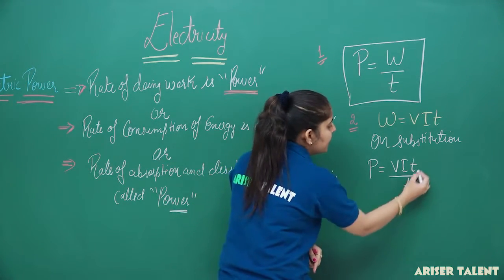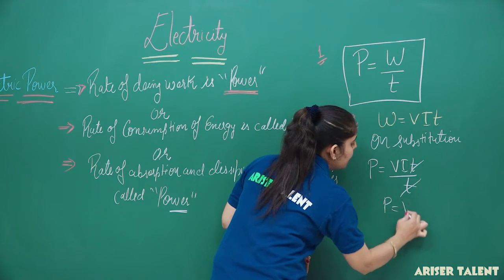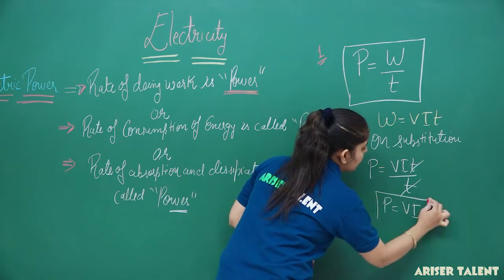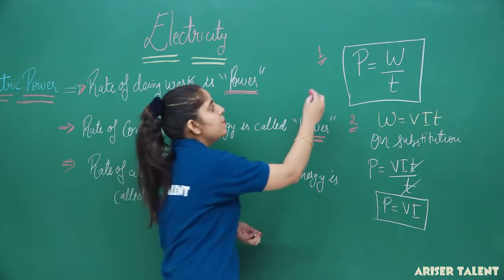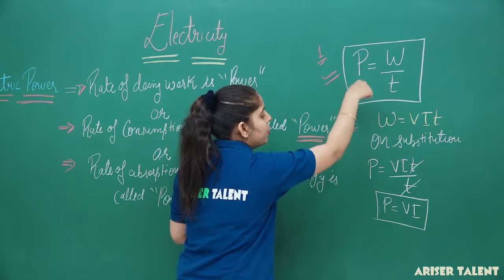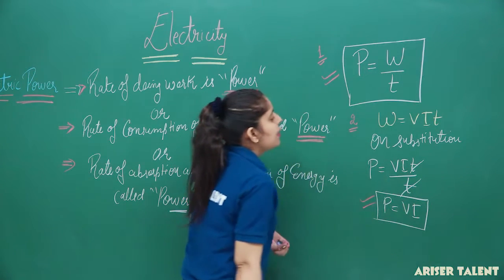So T is cancelled by T and I get P equal to VI. So this is the second formula for power. The first formula is P equal to W upon T, and P equal to VI is our second formula.